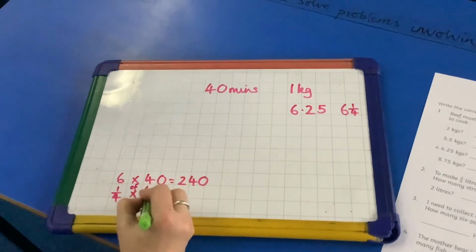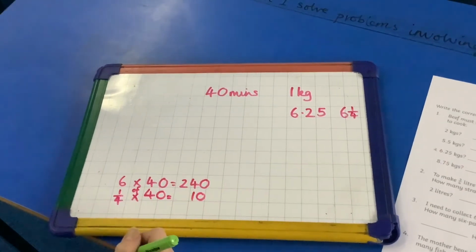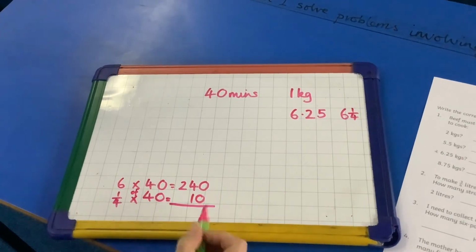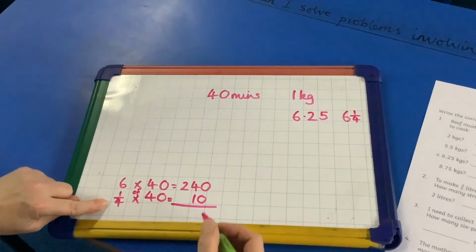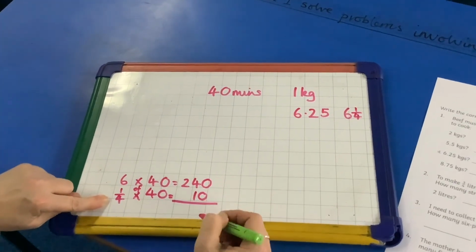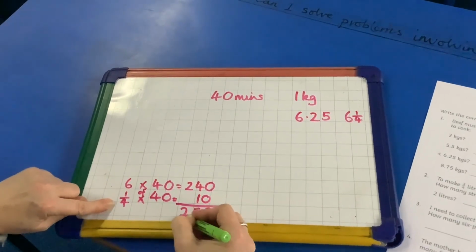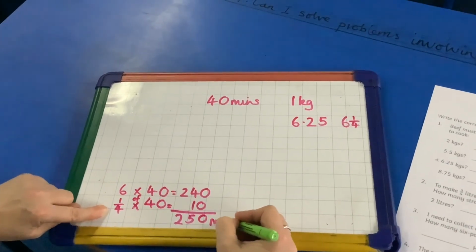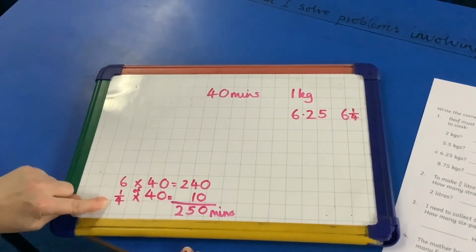So 1/4 of 40 is 10. All right, so here is my 6 1/4 kilograms. This will be the number of minutes. Add them together, 250 minutes. Okay. So that's how you could do that.